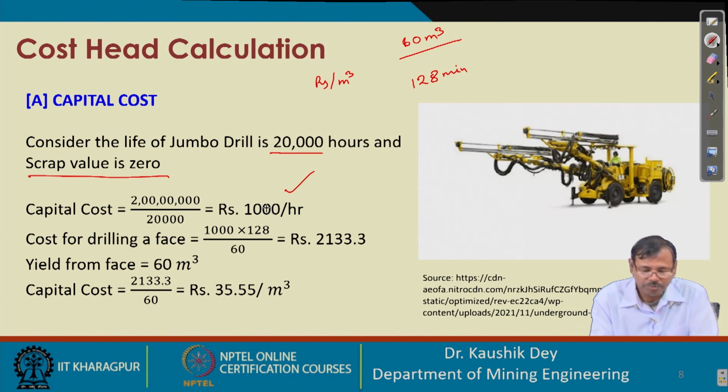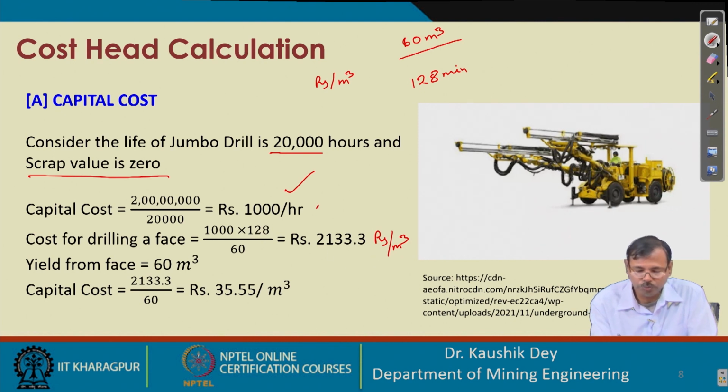So, our capital cost is rupees per hour, we have to convert it into rupees per meter cube. Okay. So, to convert it, we have to multiply it with 128. So, that will give the engagement for one phase.